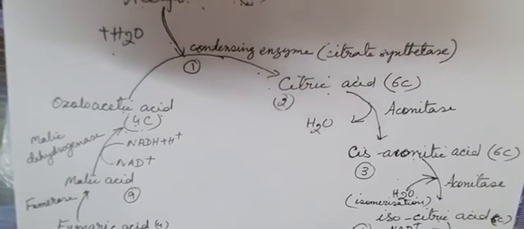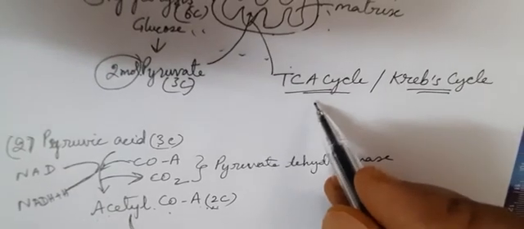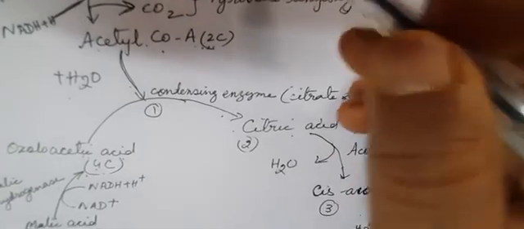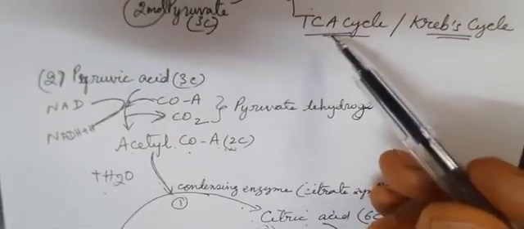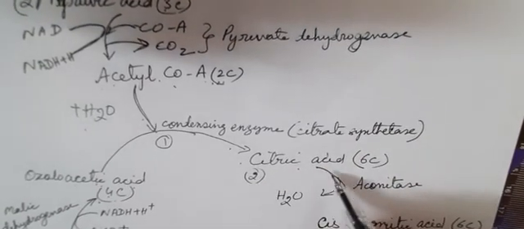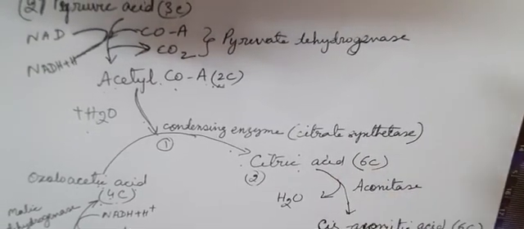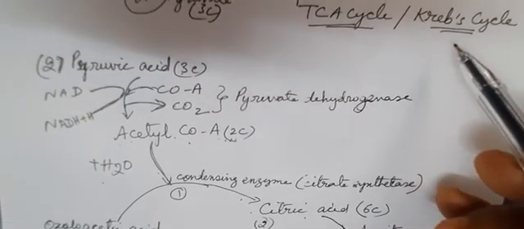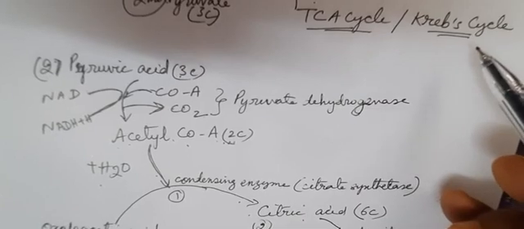Now this is called the TCA cycle because of the 6-carbon compound, that is citric acid. TCA means tricarboxylic acid cycle. So that is the citric acid cycle. Then because Hans Krebs discovered it, it is called the Krebs cycle.